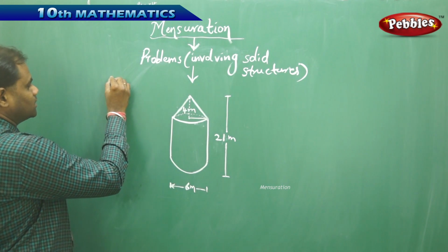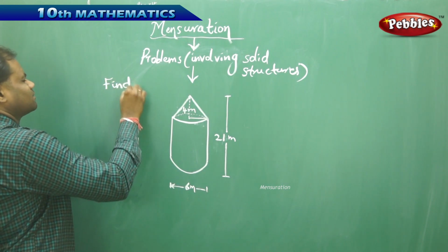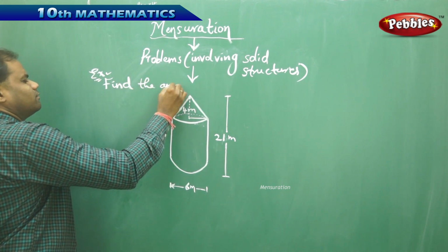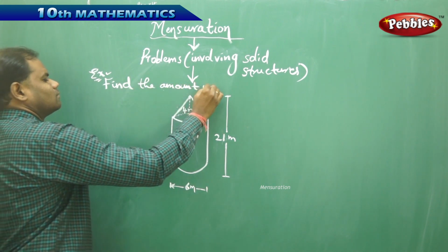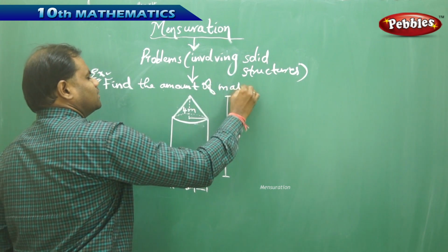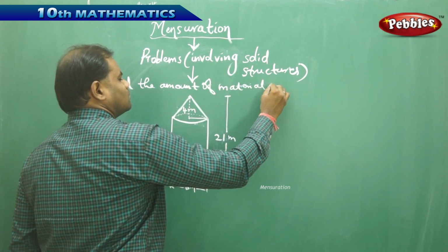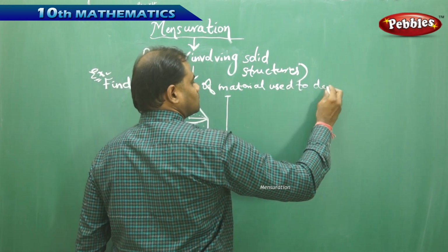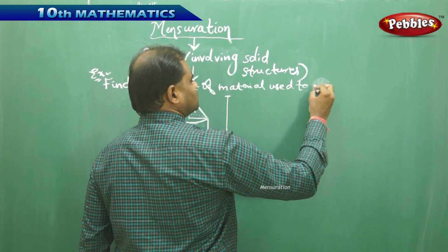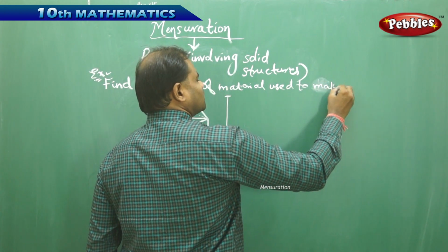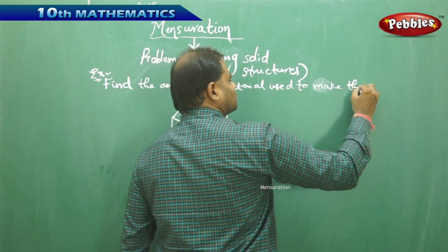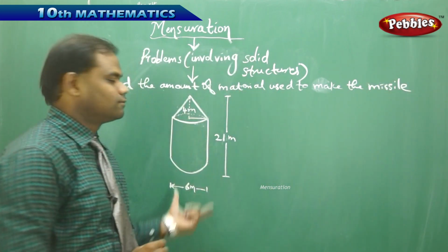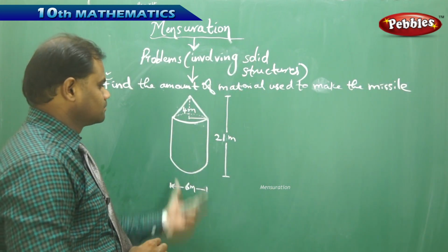Now the question is, find the amount of material used to make the missile of following dimensions.